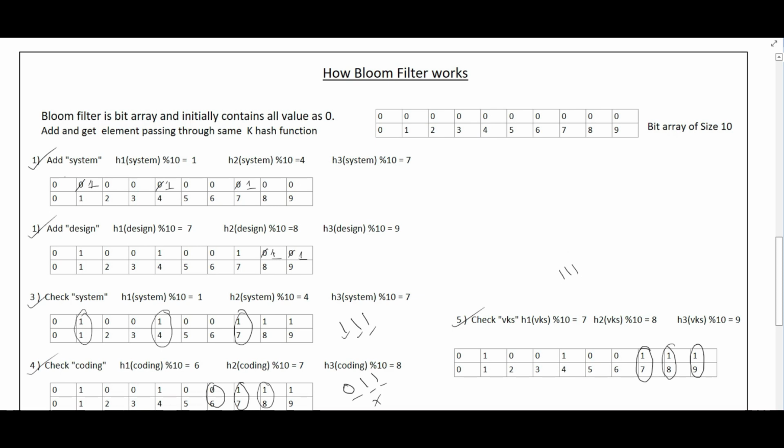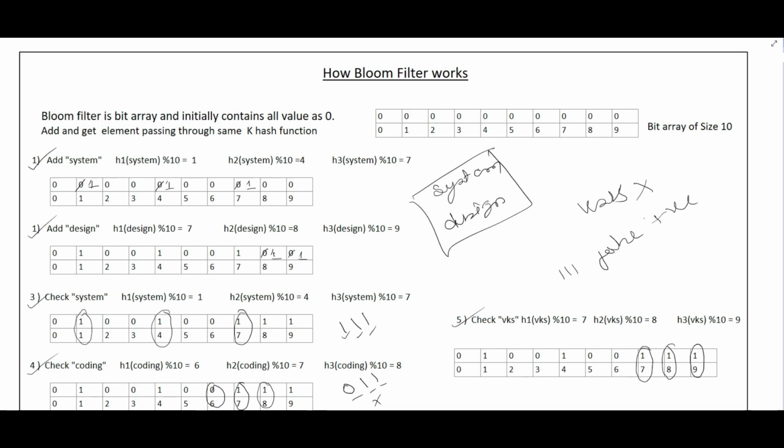But as you see here, we have only added system and design into the Bloom filter. We have not added vk into the Bloom filter. It means it is giving a false positive result. So in a Bloom filter, false positive results are expected because we are making a trade-off between less memory and less storage compared to accuracy.